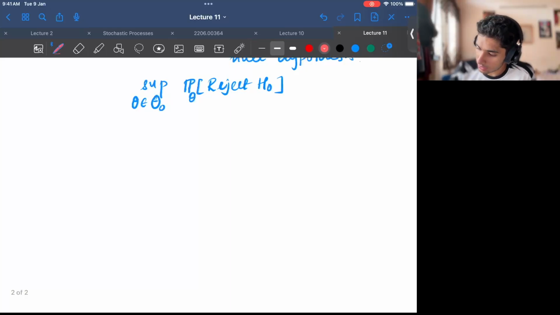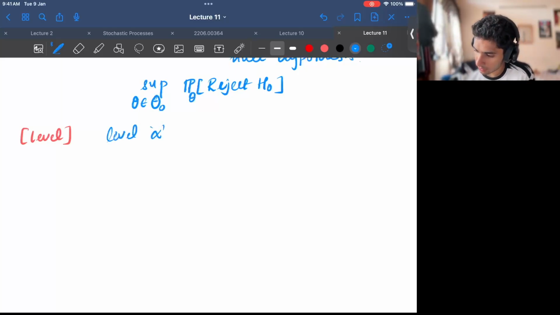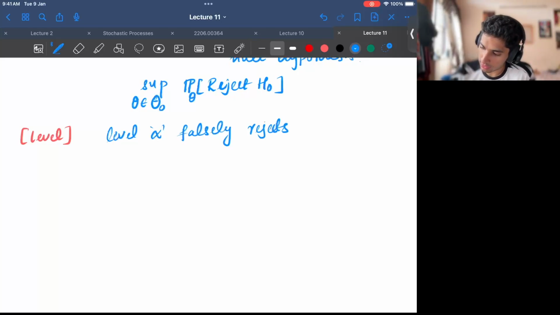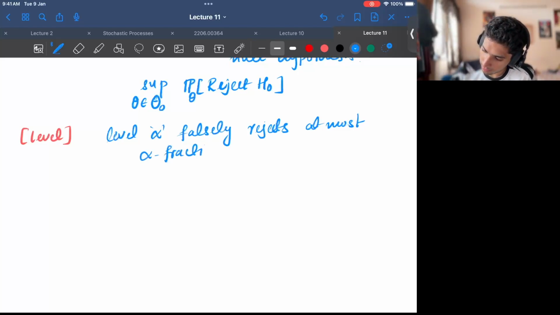And the last definition is that of a level. What is the level? Level alpha falsely rejects at most alpha fraction of the time.